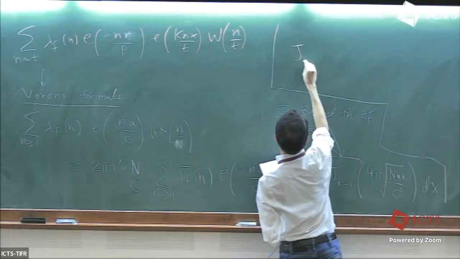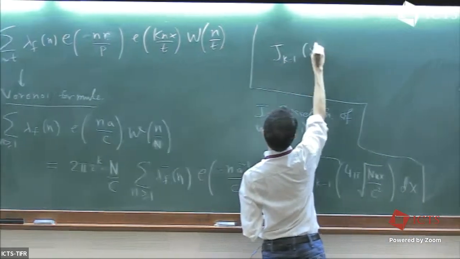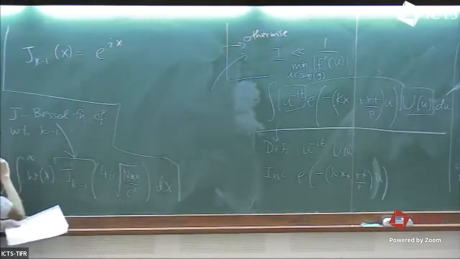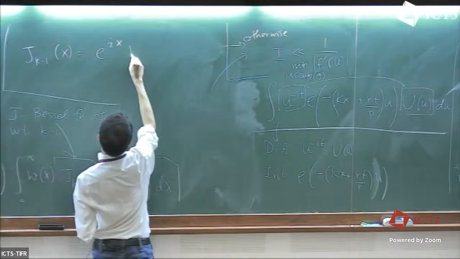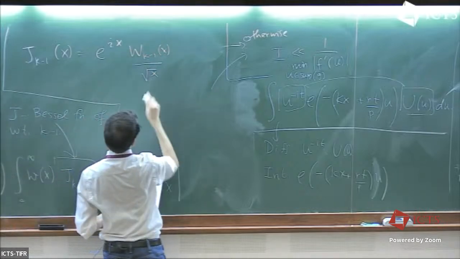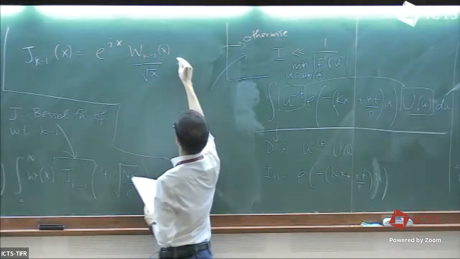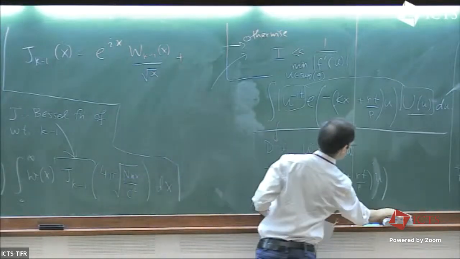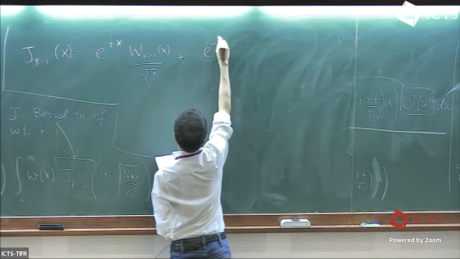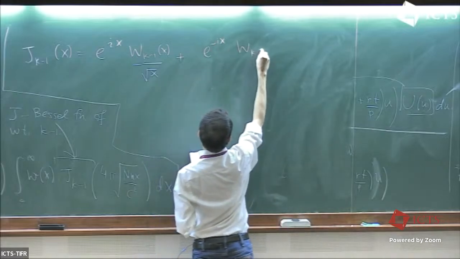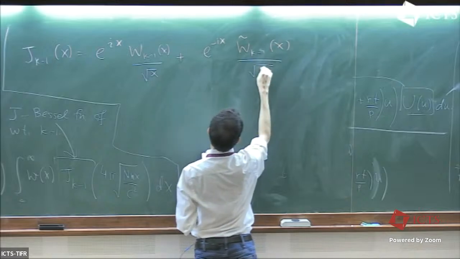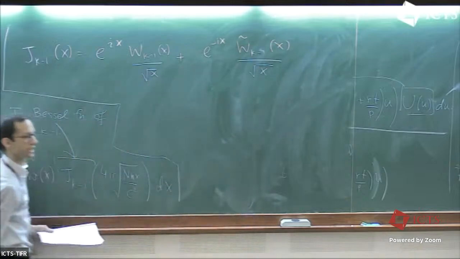So the Bessel function has an oscillation that looks like e to the ix. It has a weight function like this, plus you have e to the negative ix, and another well-behaved weight function like this.